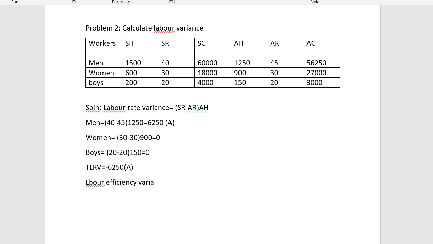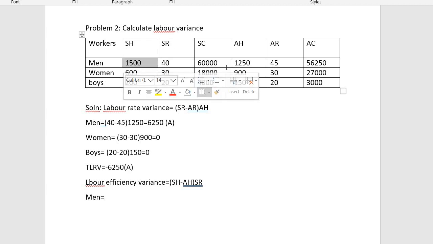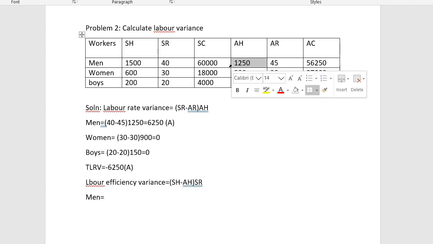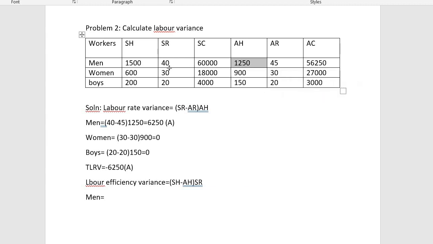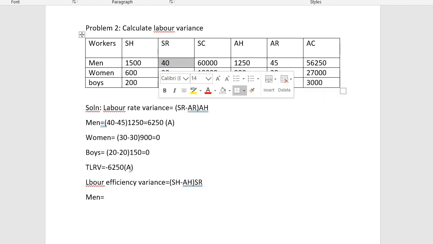The next formula is labor efficiency variance. Labor efficiency variance is equal to standard hour minus actual hour into standard rate. For men, you can see standard hour is 1500, actual hour is 1250, standard rate is 40.